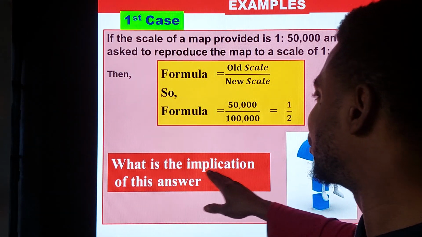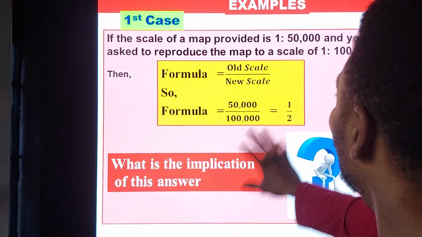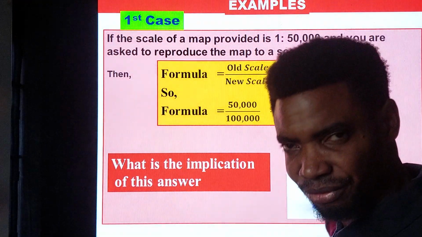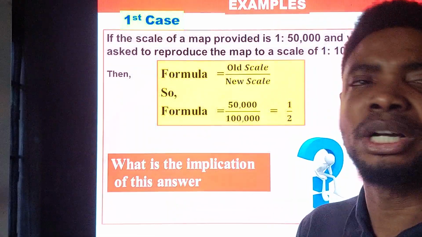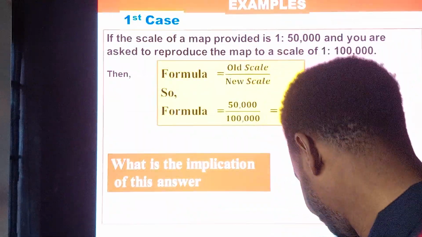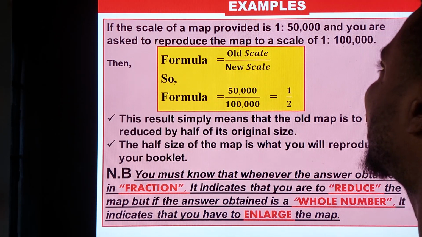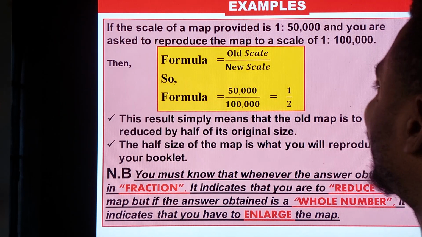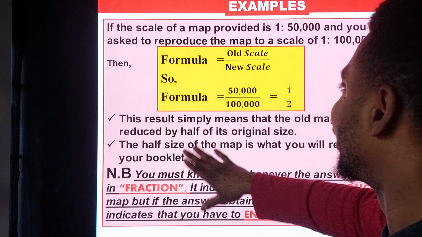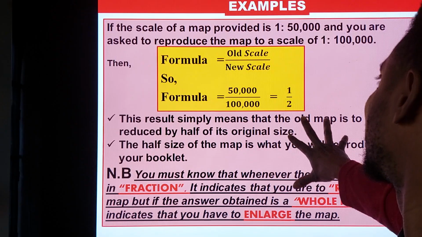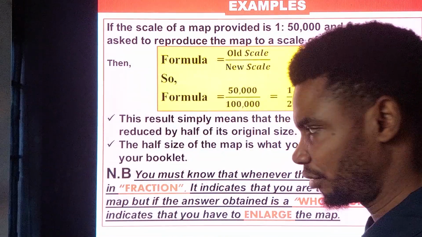And what is the implication of this answer? If you do it like this, you get half. Is that not so? So what is the implication? The implication is that you have to reduce the map. If the scale of a map, for instance, gives us 1 over 2, this result simply means that the old map is to be reduced by half of its original size.